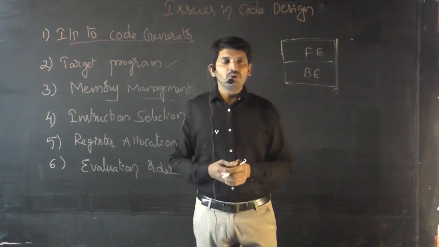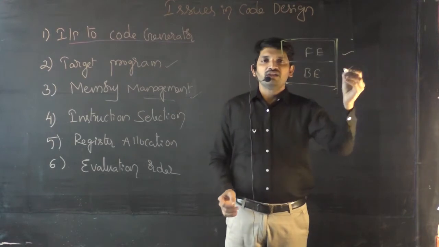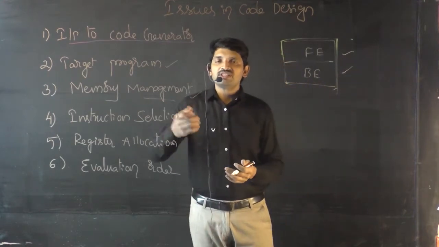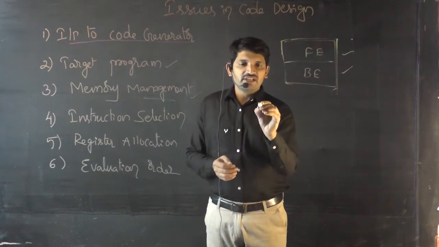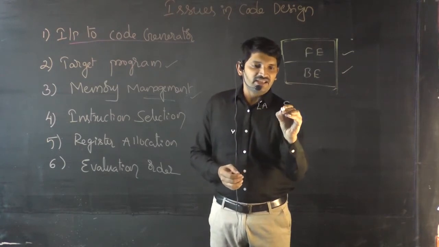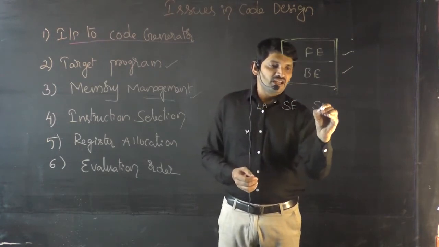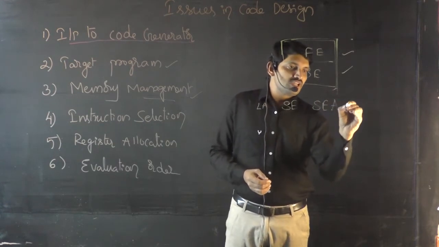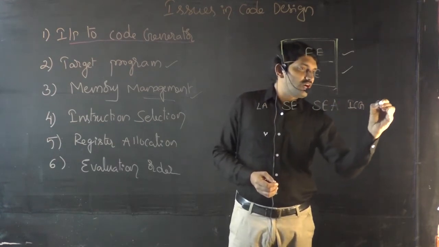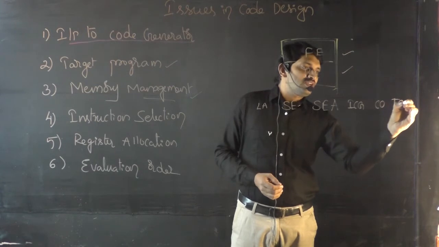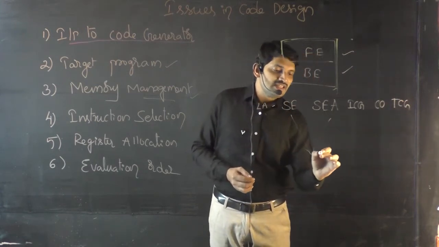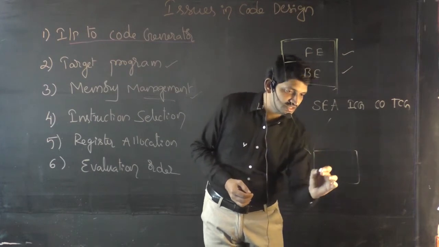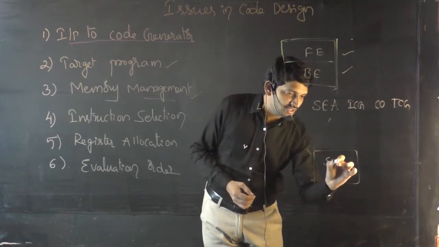Both front end and back end have to take care of memory management. The 6 phases are lexical analysis, syntax analysis, semantic analysis, intermediate code generation, code optimization, and target code generation. All these phases are linked with a data structure known as the symbol table.